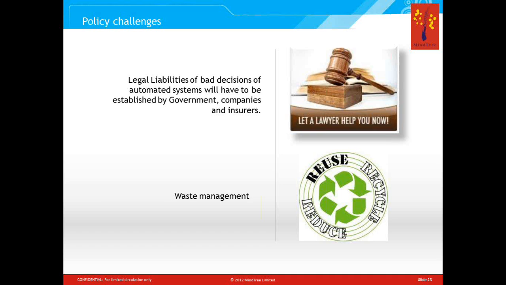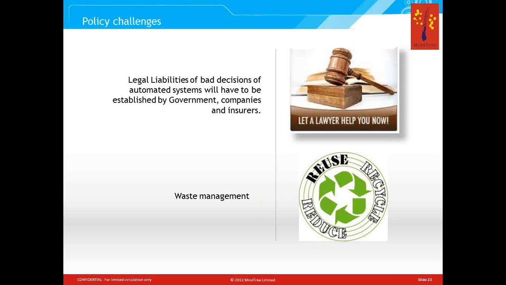There will be some policy changes also, for example, legal liabilities. We are talking about very smart objects which can apply the brakes and stop your car. We're talking about robots which can do a lot of things, and industrial applications where the machines take decisions, vital decisions.